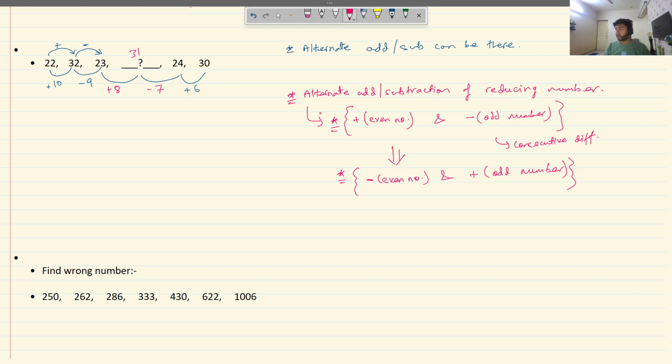And another vice versa from this statement can be alternate addition or subtraction of increasing number.